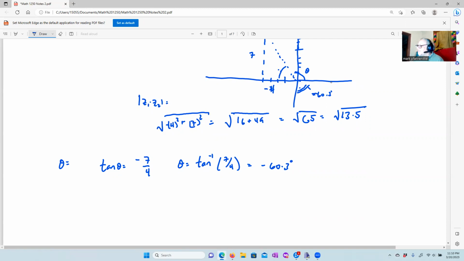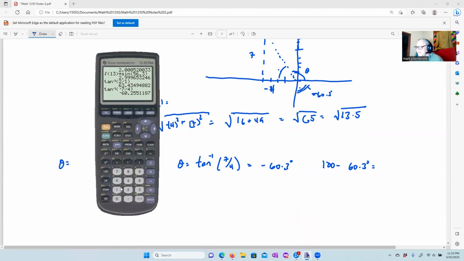So this is going to be 60 over here, but we have to add some to it. So we're going to say this is 180 minus 60.3 degrees, and that'll tell us what the theta is. So we get 180 minus 60.3 degrees.